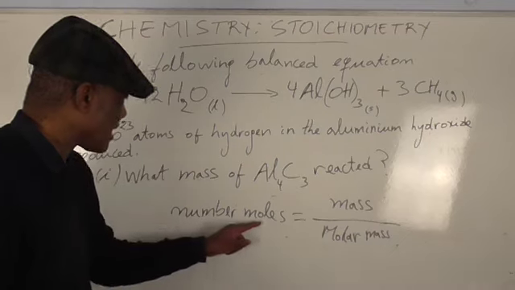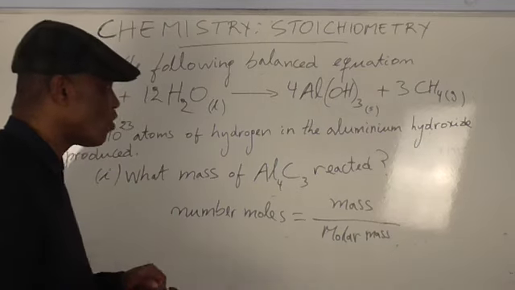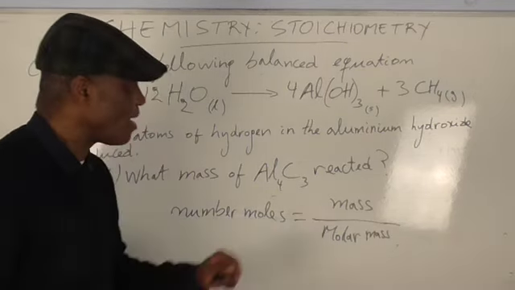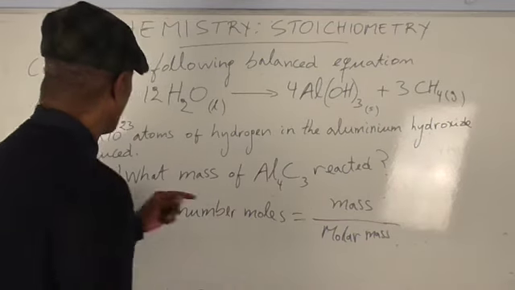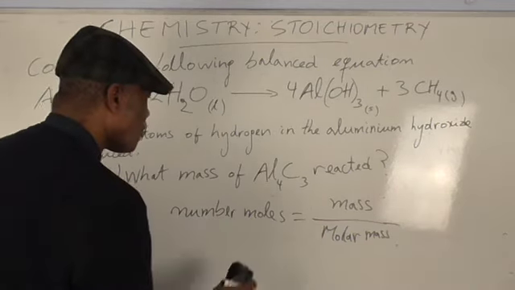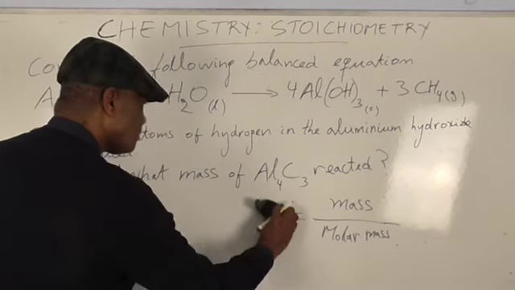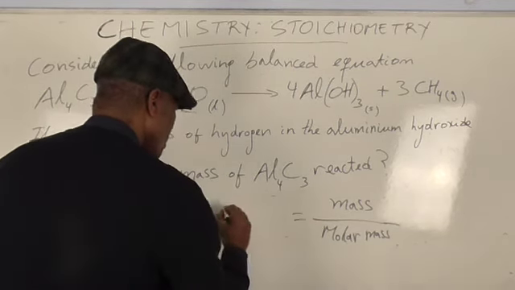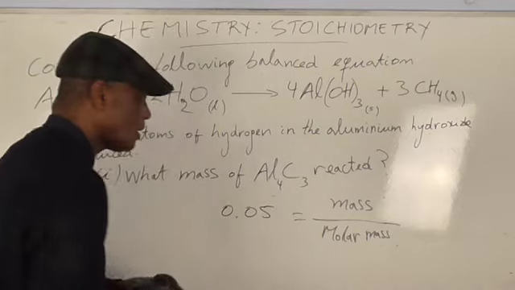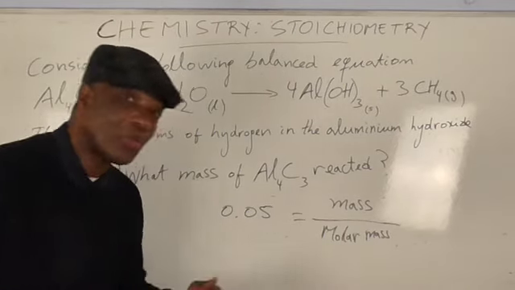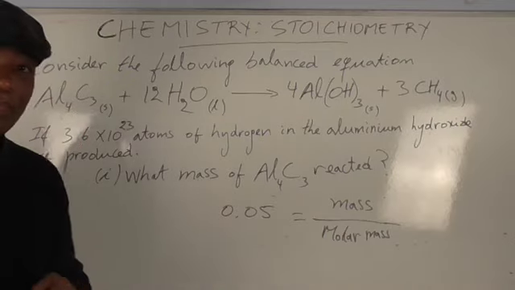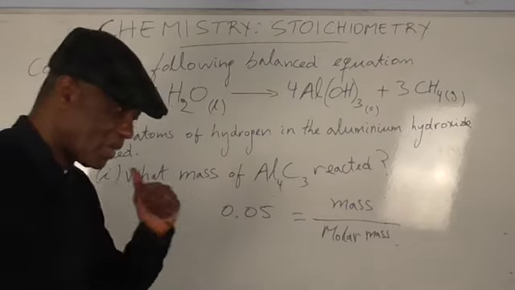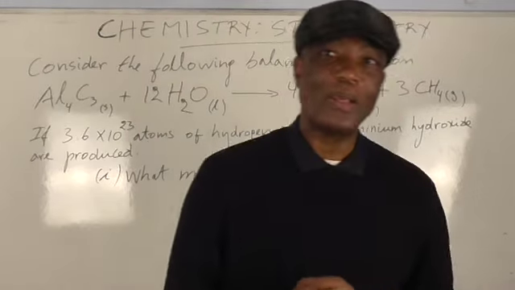So I'm going to put just N here, that is the number of mole, is equal to mass divided by molar mass. The number of mole we got was 0.05. And the molar mass, I want you to calculate the molar mass of aluminium carbide. This is a test for you.